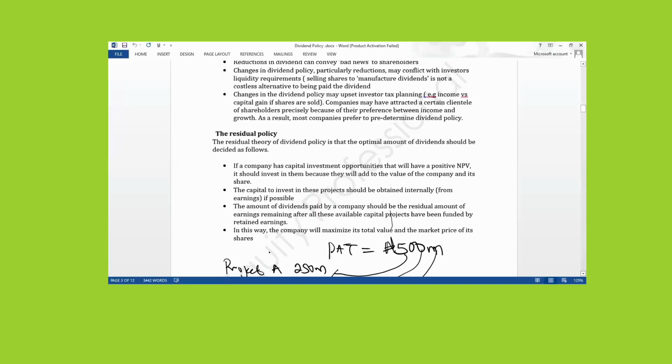Dividend payment is treated as a residual decision. A company will only pay dividends after you have financed all viable projects from your retained earnings. The balance will now be used for dividend payment.